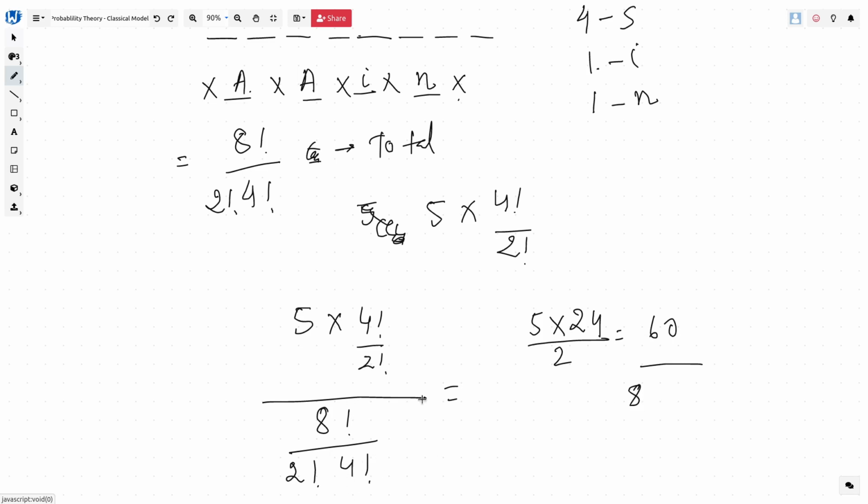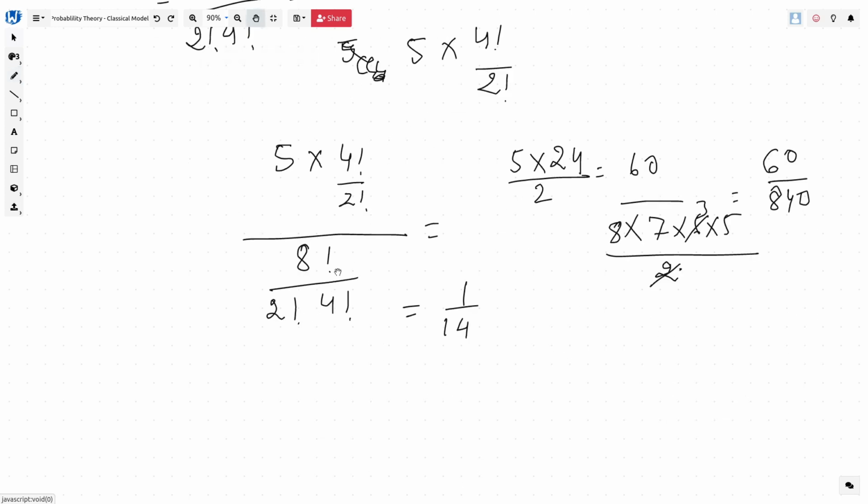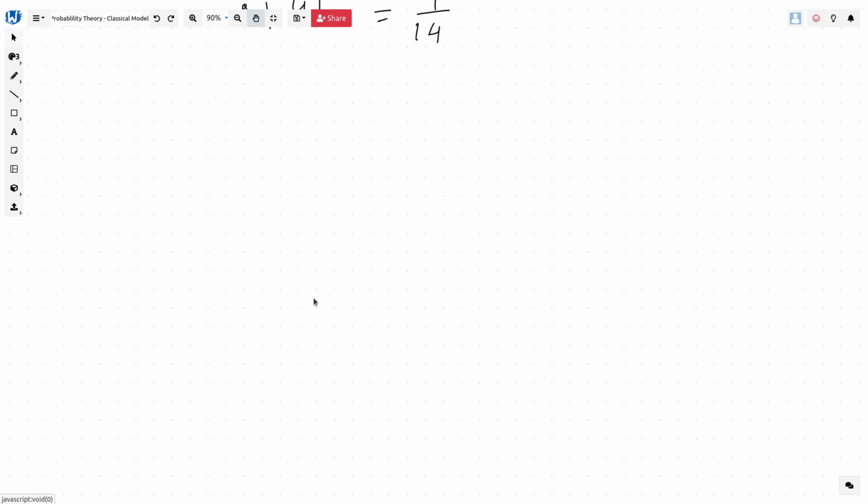Factorial 4 can be cut, so it will be left with 8 into 7 into 6 into 5 divided by factorial 2, that is 2. So this is nothing but 60 by 840, and that comes out to be 1 by 14, right? So this is one of the problems where you have found the probability using the typical methods which we have used in the counting principle, right? Now let's take one more example.